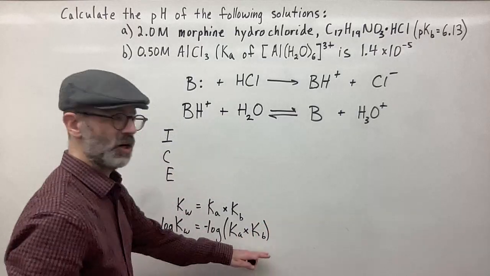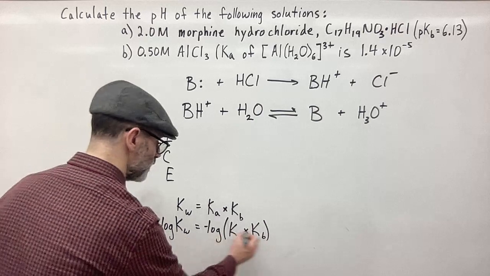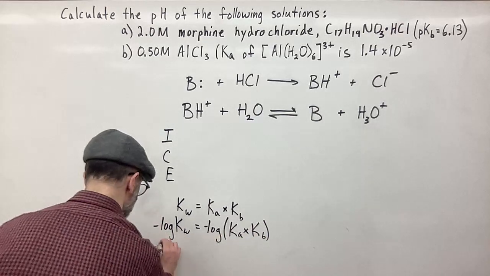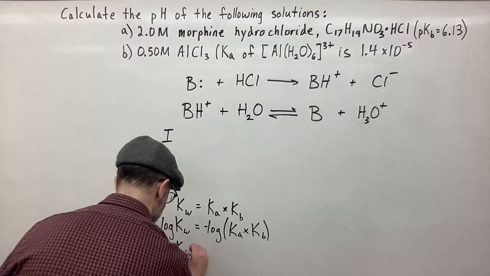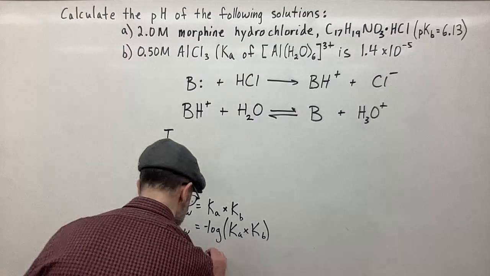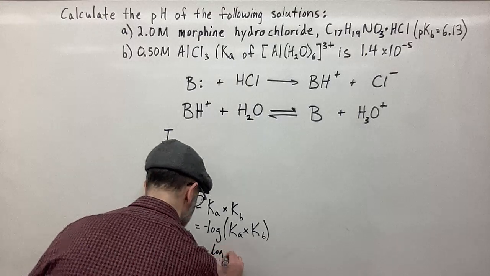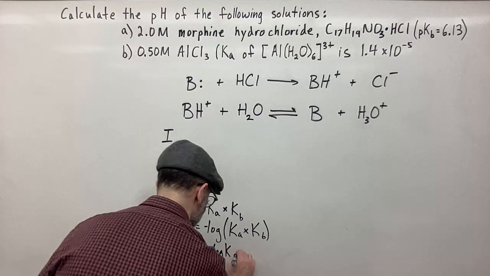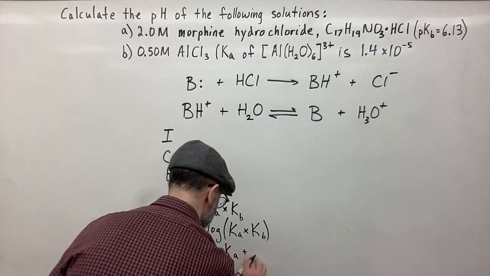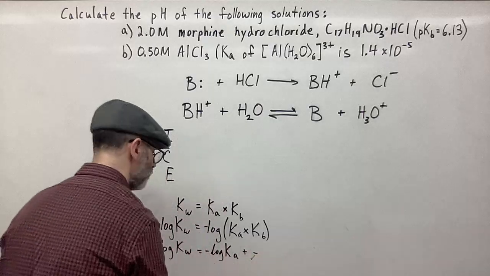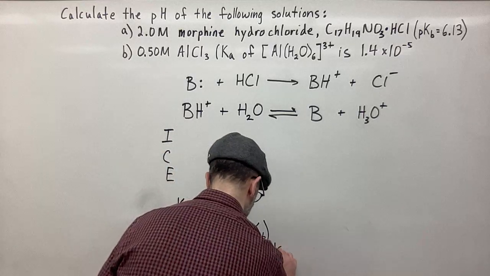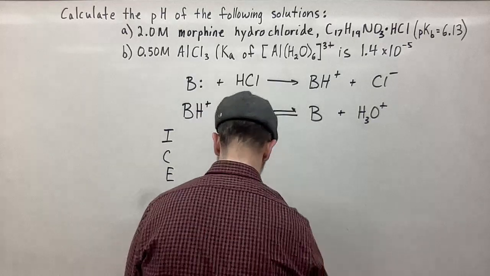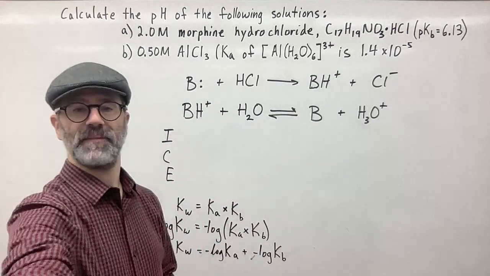And if we use our law of logs here, this is going to separate into the negative log of Kw is equal to the negative log of Ka plus the negative log of Kb.